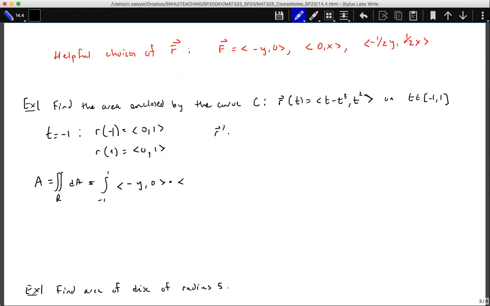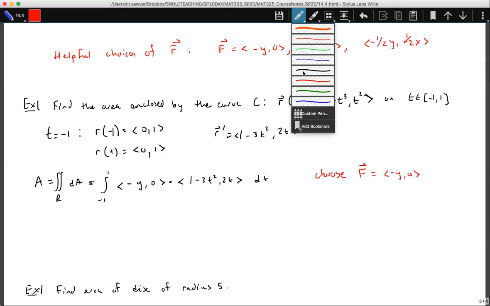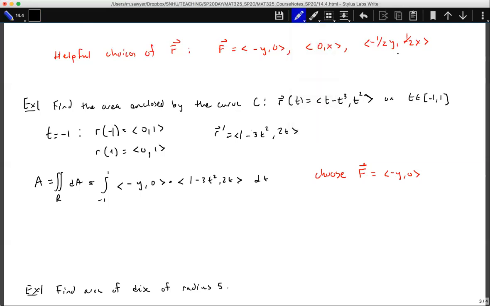So let's see, r prime is equal to <1 minus 3t squared, 2t>. Here I'm choosing f equals <-y, 0>. I'm making that particular choice. I could have chosen any of the other three helpful choices, but I'm choosing this one in particular, and you're welcome to try different ones as well.